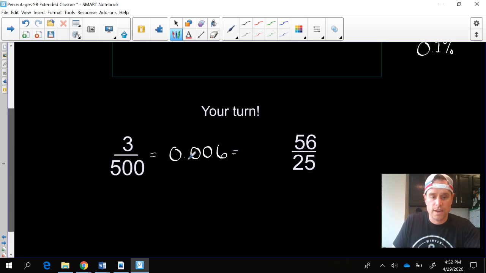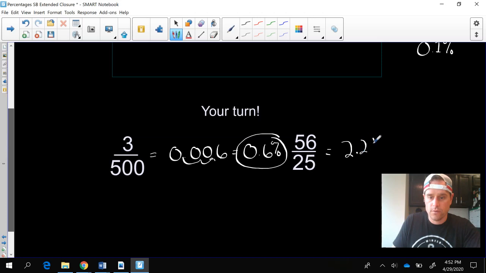Let's change that to a percentage. 1, 2. Very small number, right? 56 divided by 25. It's going to give you 2.24. That's going to give you 224%.